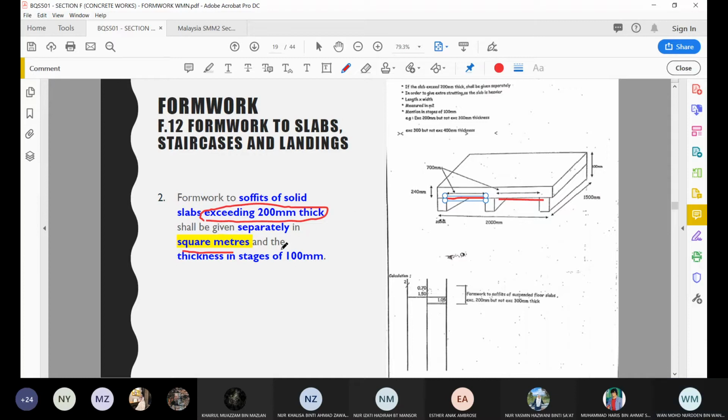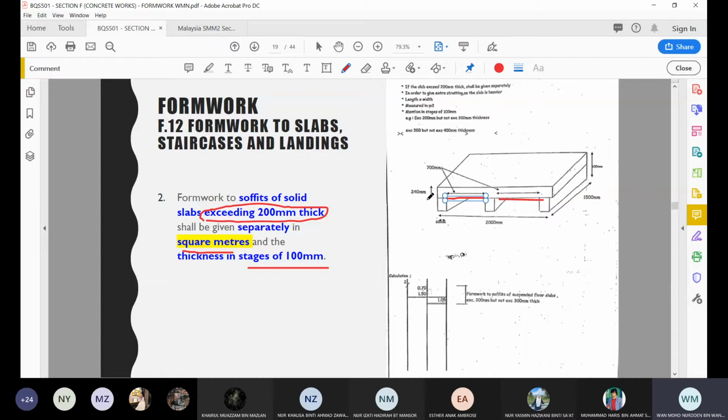And the thickness in stages of 100 mm. Why? If the slab exceeds 200 mm thick, it shall be given separately in order to give extra strutting, as the slab is heavier. The thicker our slab, the heavier the load the formwork has to bear. So that is why it should be measured separately.